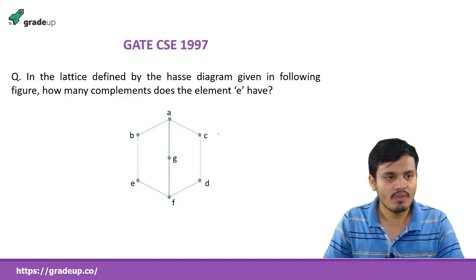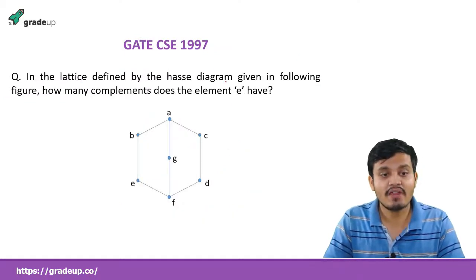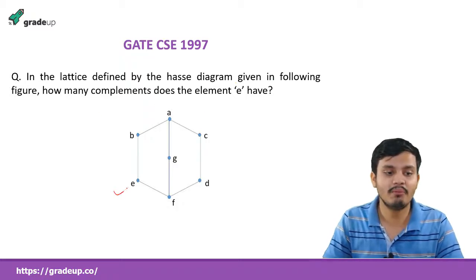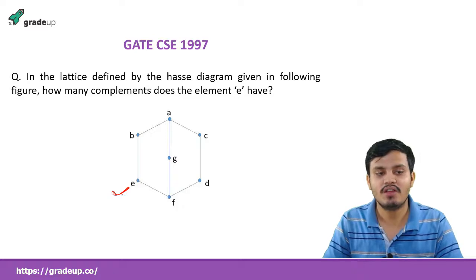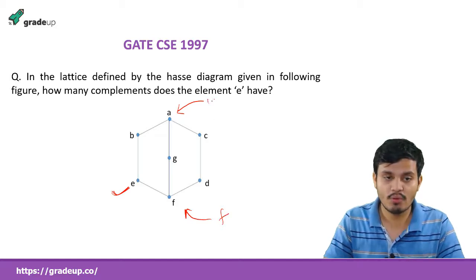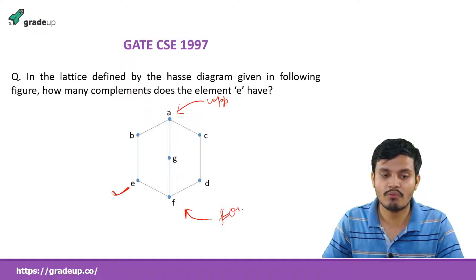Okay, in a lattice defined by the Hasse diagram, we need to find the complements of element E. How many complements are there? I told you everything, so try to find it. First of all, what is the upper bound? A is the upper bound. What is the lower bound? F is the lower bound.